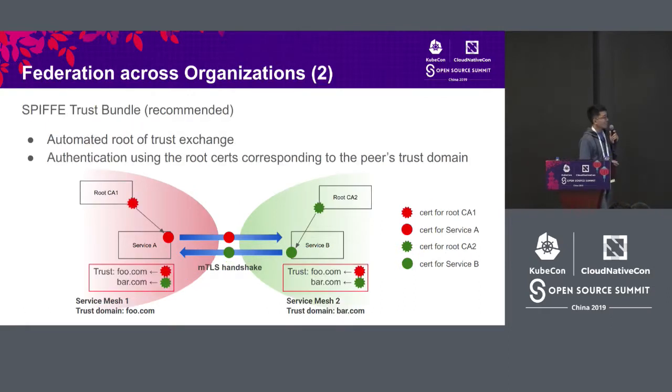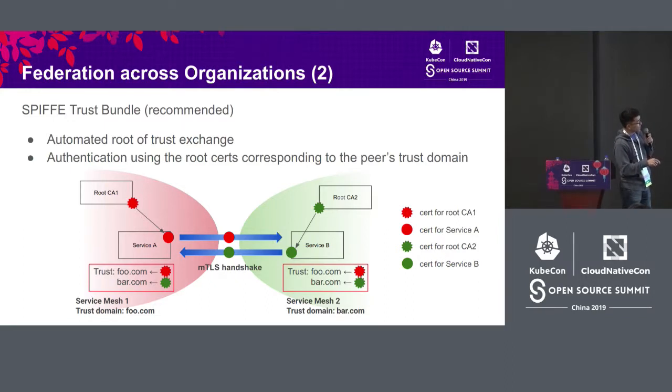So what we recommend is this one, SPIFFE Trust Bundle. How it works: the core advantages of the SPIFFE Trust Bundle are, first, automation of the root of trust exchange, and second, the authentication can use the root certs corresponding to the peer's trust domain. In this graph, it's the same.